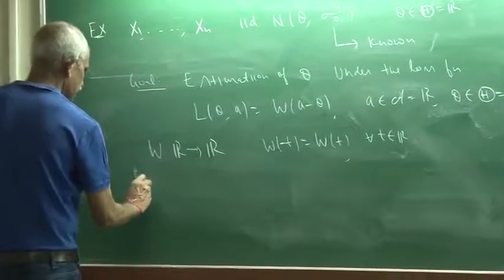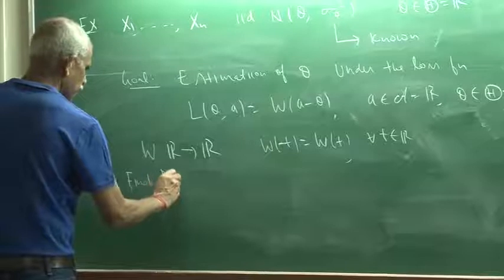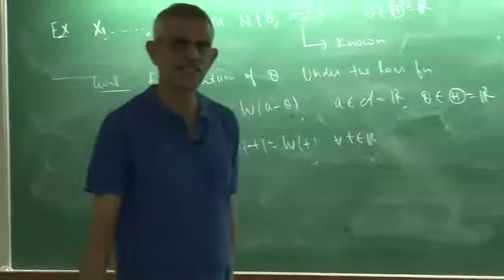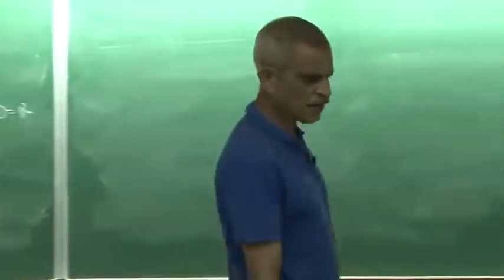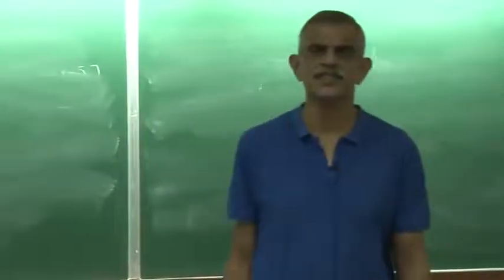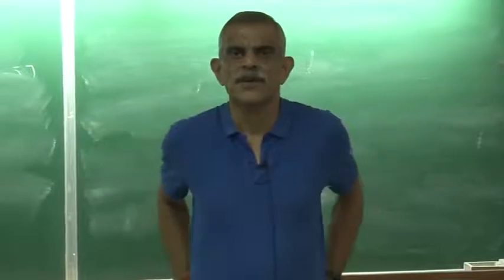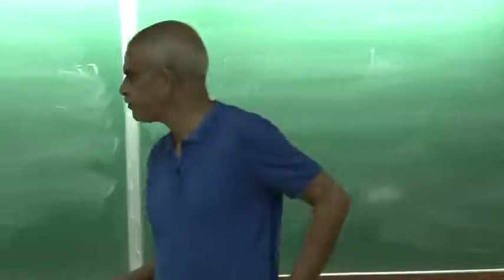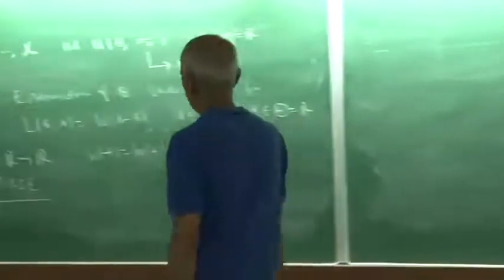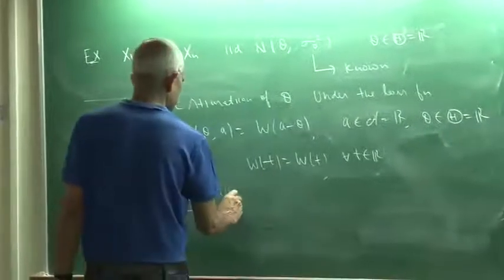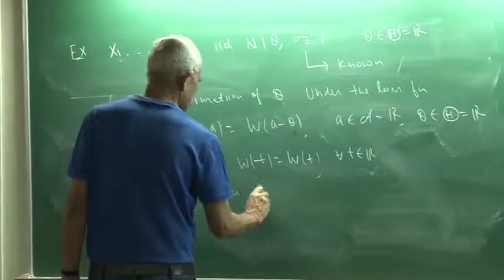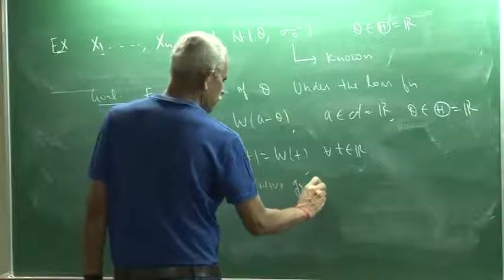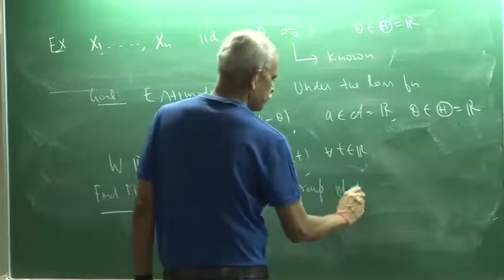So find MRIE, because you see in this case MRIE makes sense because we have already seen in our theory that the risk of any location invariant estimator would be constant because here G bar acts transitively on this thing. So find MRIE under the additive group of transformations.